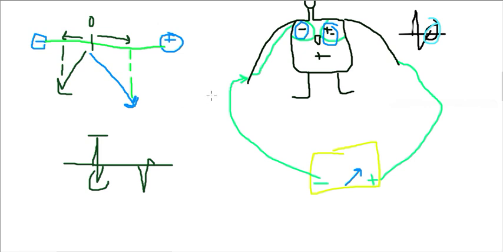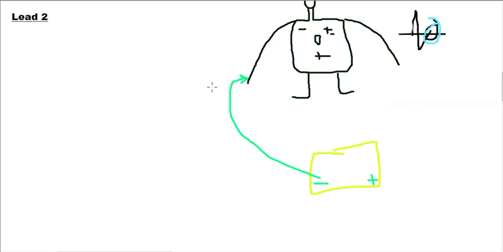Now we will study how we connect lead 2. In lead 2, the negative terminal of the voltage meter is connected again with the right arm. In short, it is indirectly connected with the fluid surrounding this region of the heart, whereas its positive terminal is connected with the left leg.